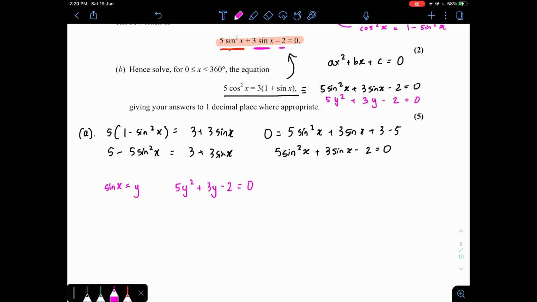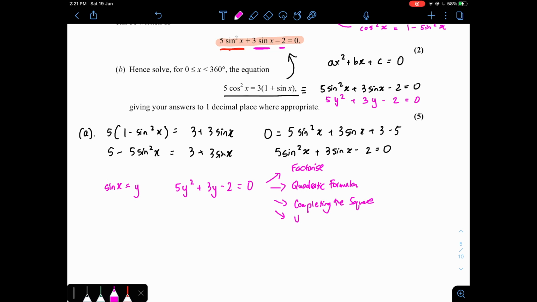Now there are multiple methods to go about doing this. You can use the quadratic formula after this. You can do many things. So after this step, we need to find what y is. You can do multiple steps here. You could factorize if it's possible, use the quadratic formula, or complete the square, if you want to do that, or just use the calculator, obviously showing your working out.